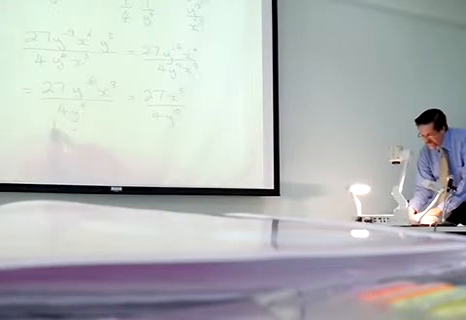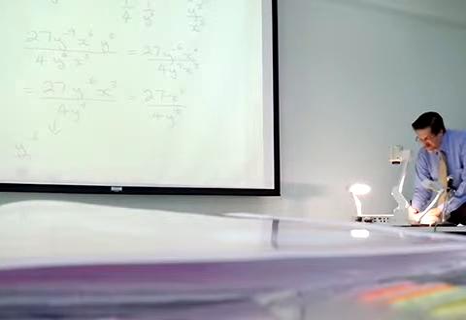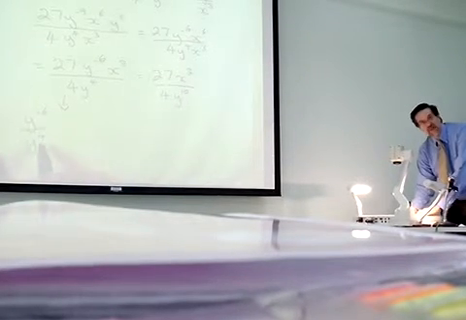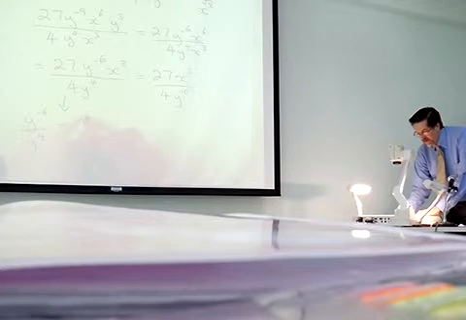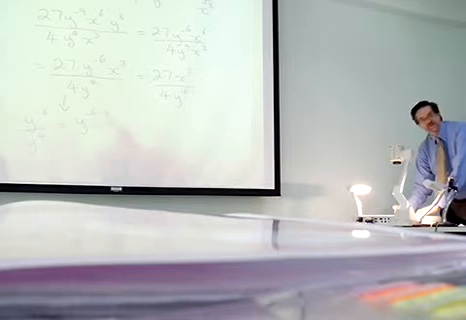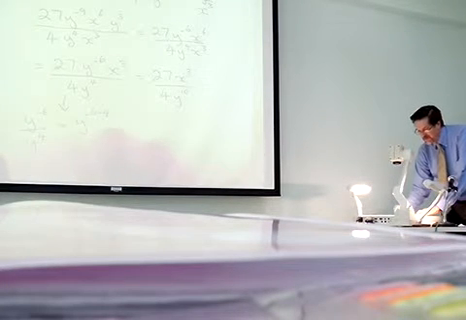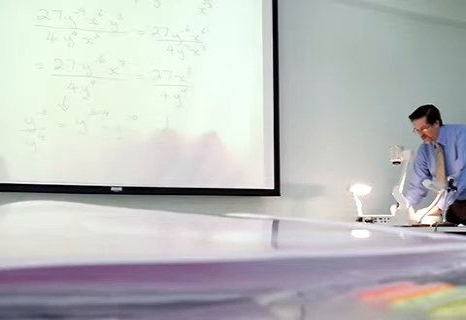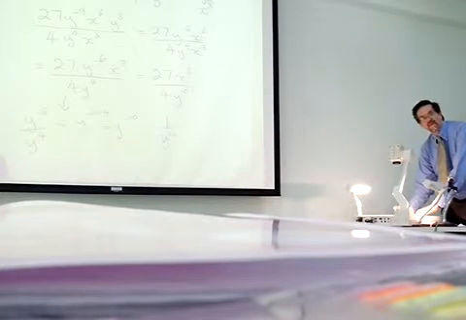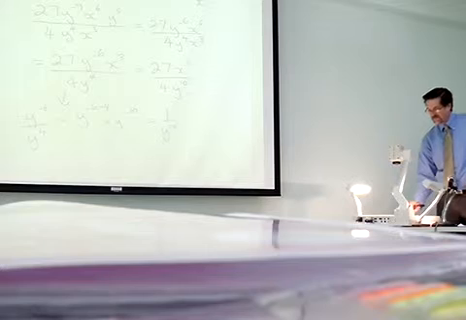So from here, we have y to the negative 6 divided by y to the 4 is y to the negative 6 minus 4, of 10 because we're dividing, which is y to the negative 10, which is 1 over y to the 10. Right?